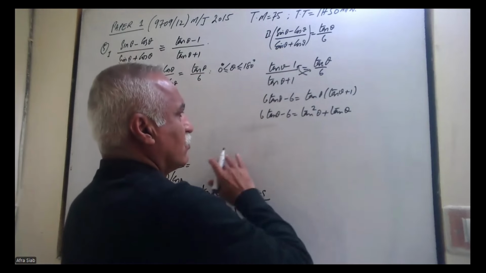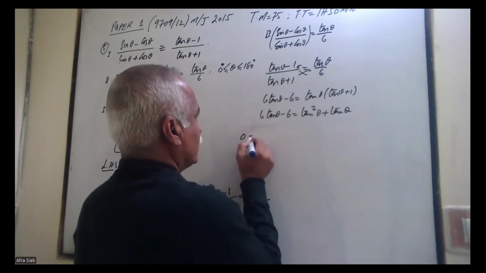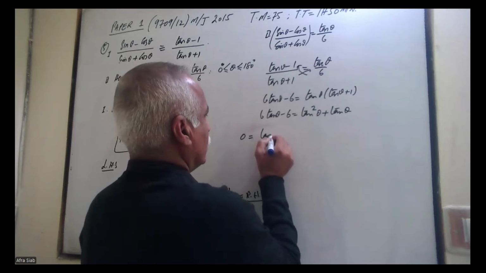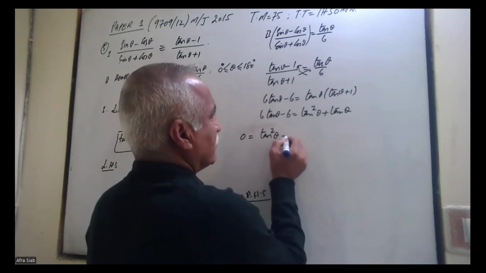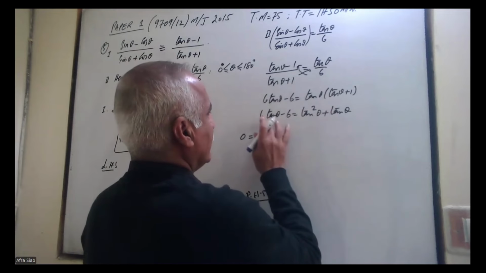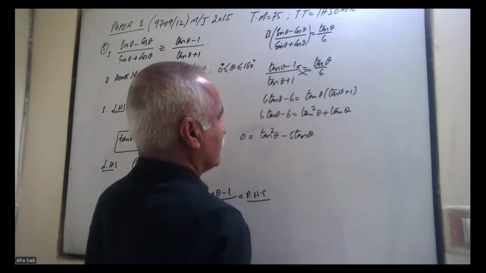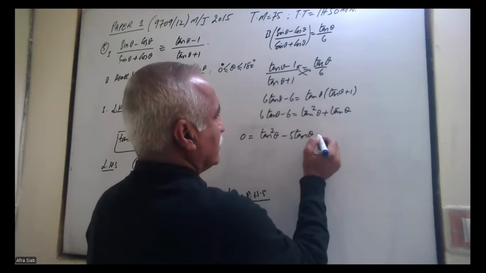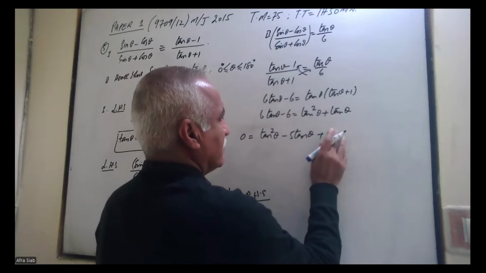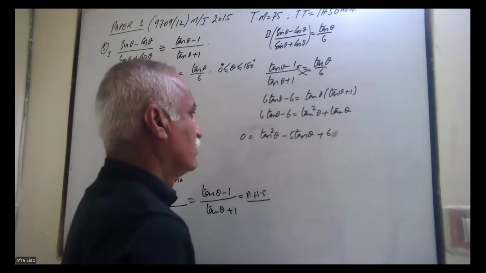Now we shift the whole thing to the right hand side. So 0 is equal to tangent square theta plus tangent theta minus 6 tangent theta, which becomes minus 5 tangent theta. Minus 6 is going to the other side, it will become plus 6, and that is equal to 0.